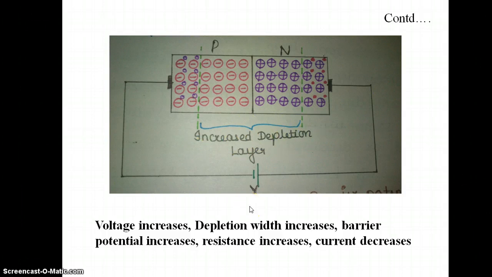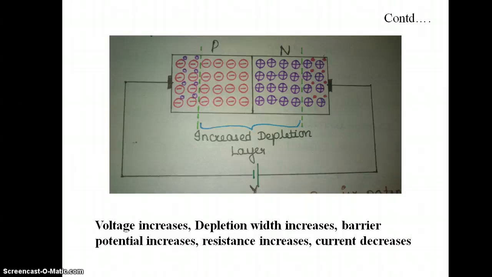So the barrier potential helps the minority carriers in crossing the junction. As soon as the minority carriers are generated, they are drifted across the junction because of the barrier potential. So a small amount of current does flow through the reverse bias PN junction. The amount of this small current depends upon the number of minority carriers diffusing across the junction, which once again depends on the generation of the minority carriers within the P region and N region.